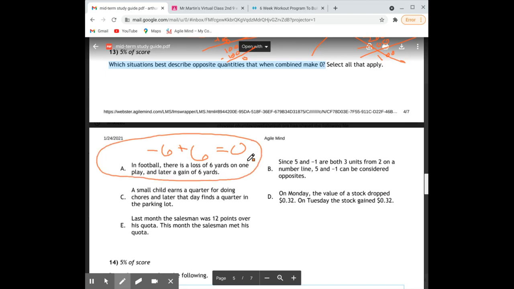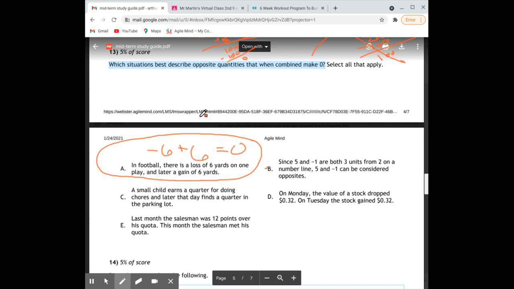So that one works. All right, Hagen, looking at the next one. Read B and then tell us if it is correct or not correct. Since 5 and -1 are both 3 units from 2 on a number line, 5 and -1 can be considered opposites.